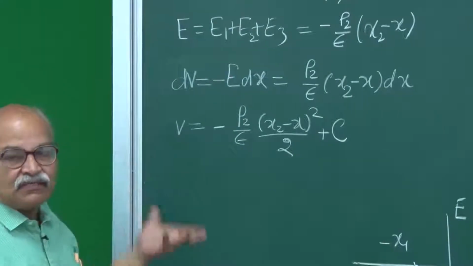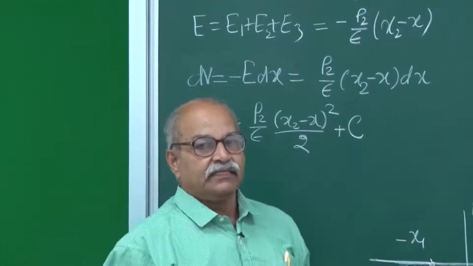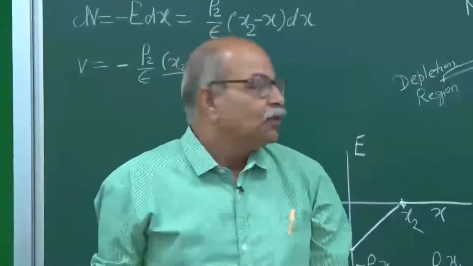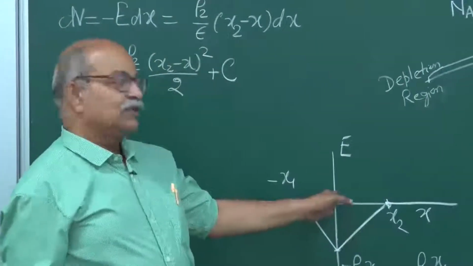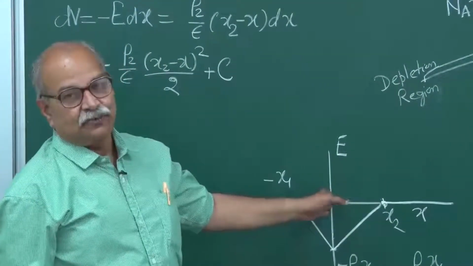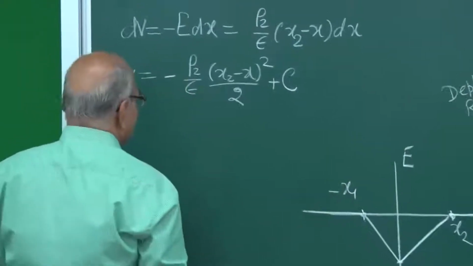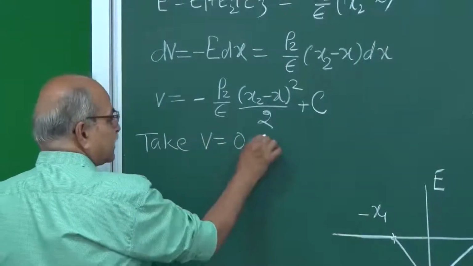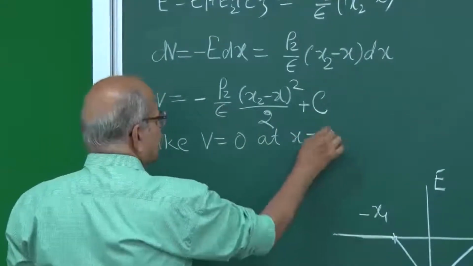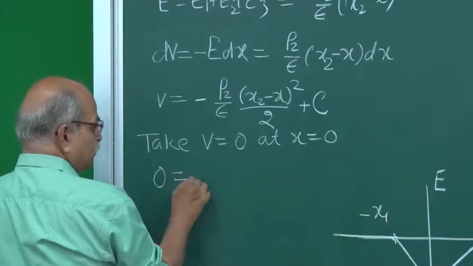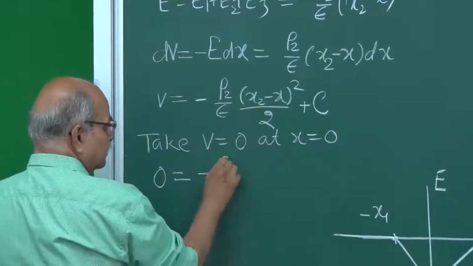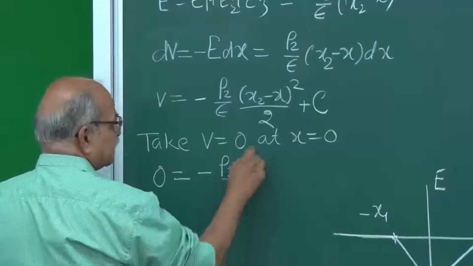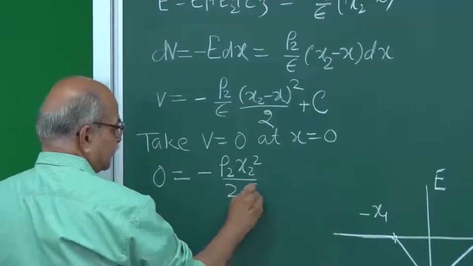And that constant can be evaluated by choosing a point for V equal to 0. We take the junction point itself, x equal to 0, as the point where V is 0. That is our choice. So take V equal to 0 at x equal to 0, and then you get 0 is equal to minus rho 2 x2 square divided by 2 epsilon plus c.